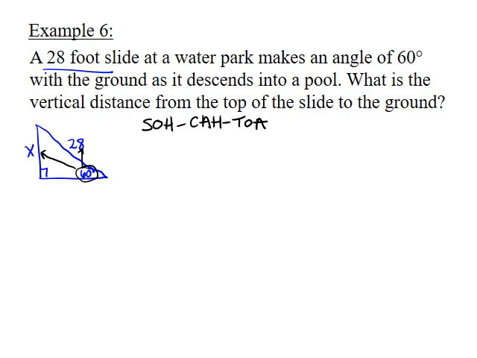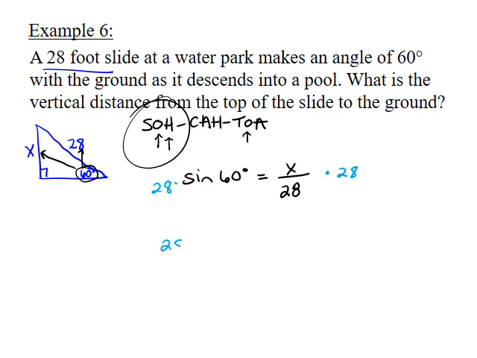And with respect to that 60 degrees, I'm interested in the opposite, and I have the hypotenuse, which means I could work with sine. Sine of 60 degrees is equivalent to the opposite over the hypotenuse. Well, all I need to do in this case is find x. So I can multiply both sides by 28. So I have 28 sine of 60 degrees is equal to x.